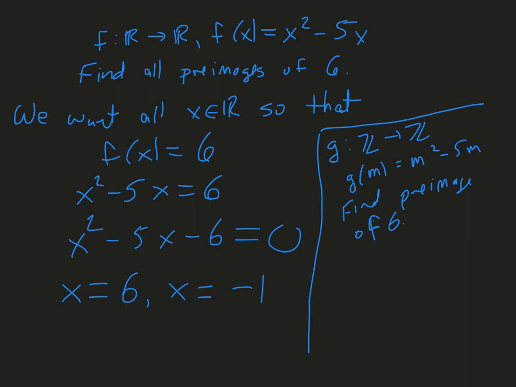We would be solving g of m equals 6, go through the exact same process, and see that m is going to be equal to negative 1, or m is going to be equal to 6. So keep that in mind as we proceed.